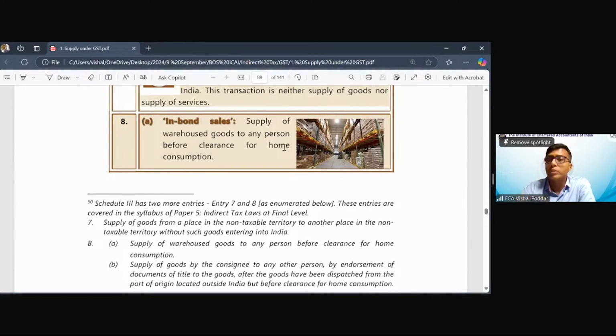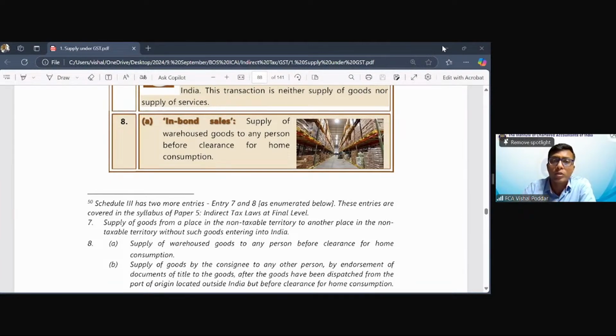Now, you say that, sir, do one thing. You let the goods be in custom warehouse only because I also don't have space to keep the goods. You purchase the goods as is where is, that is where the goods are in the custom warehouse, and in future whenever required I will get the goods cleared from the warehouse. So for the time being, you also want the goods to be kept in warehouse only.